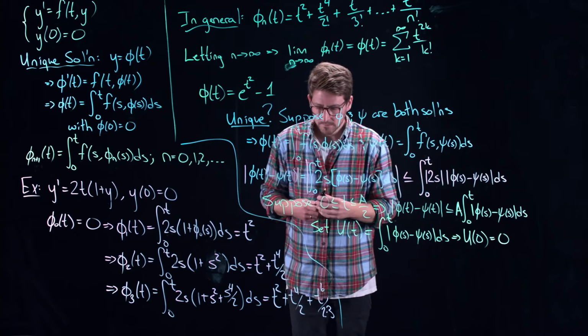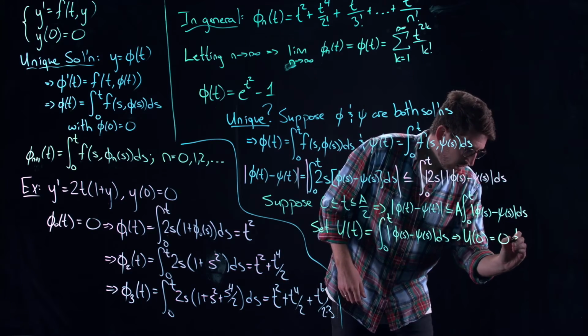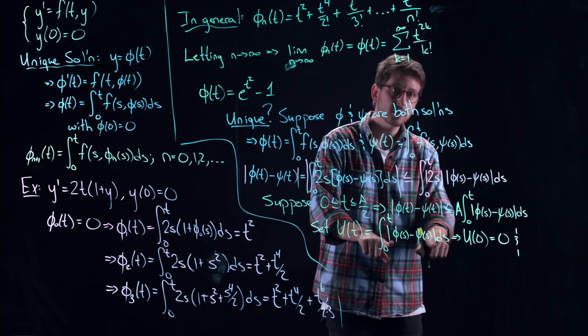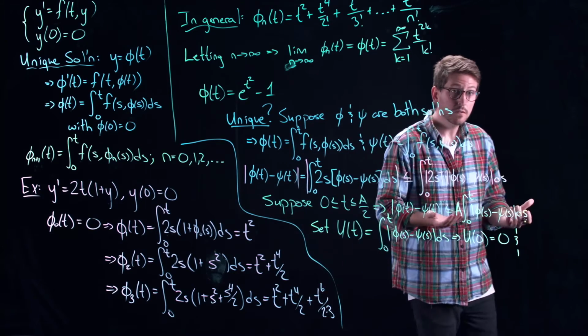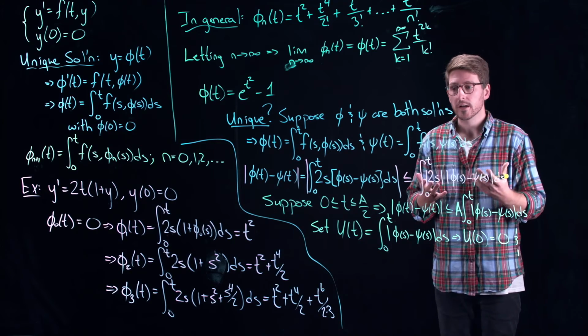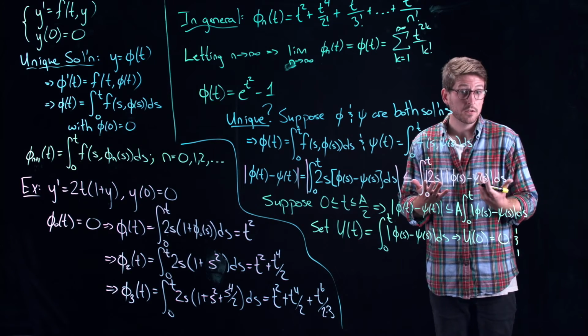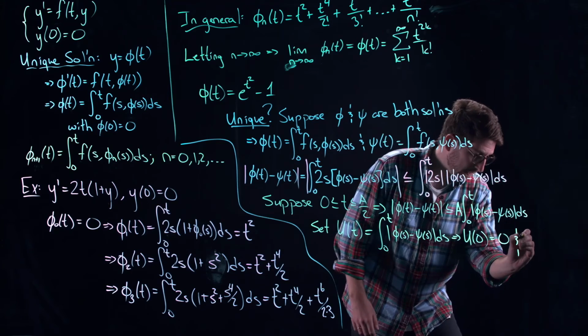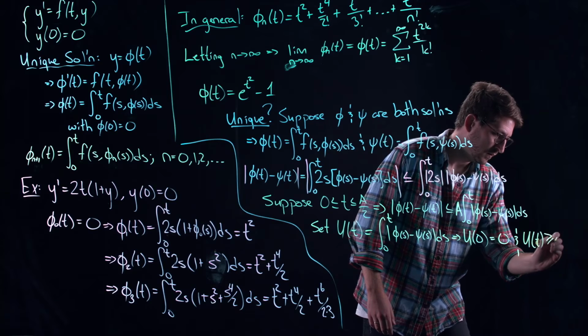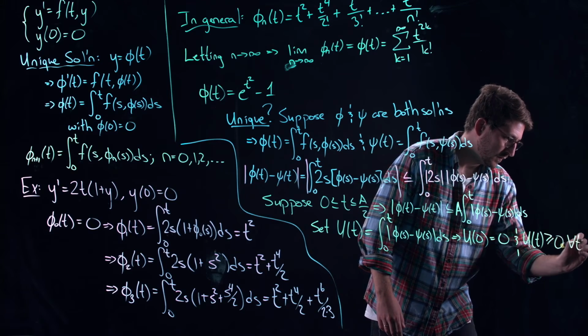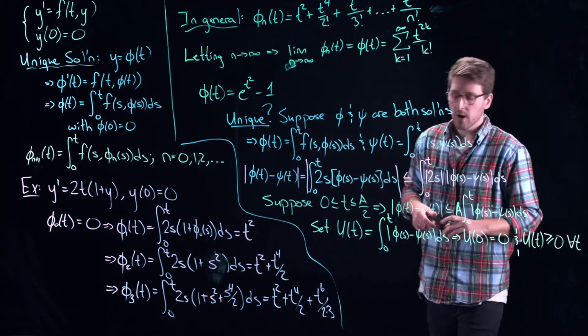That's an easy one. Also, this is an absolute value in here, and absolute values are non-negative by definition. If you are integrating a function that's non-negative, you again get a function that's non-negative. So you also get that U of t is non-negative.